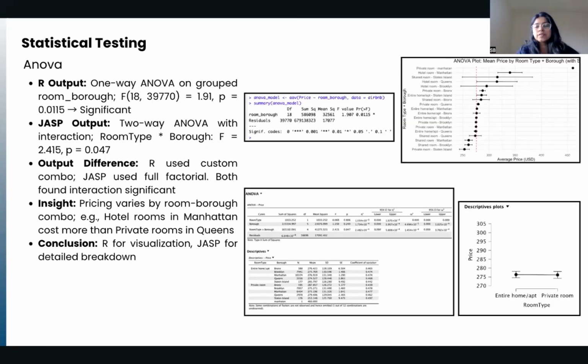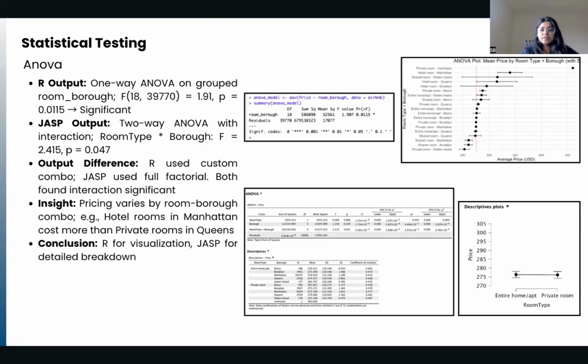Now, moving towards the ANOVA, here I wanted to see if price differs significantly across combinations of room type and borough. In R, I used a custom column and found a significant difference with a p-value of 0.011. The dot plot also shows mean price and error bars, and we can see those clearly.